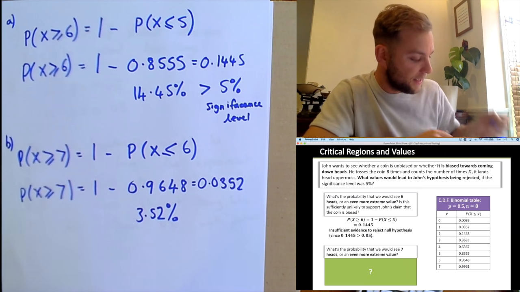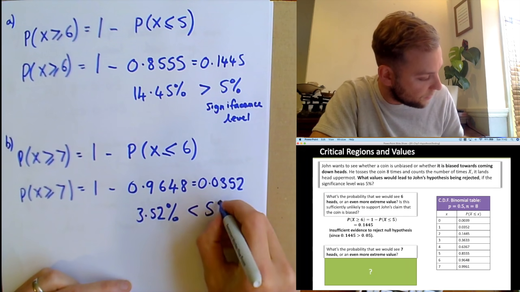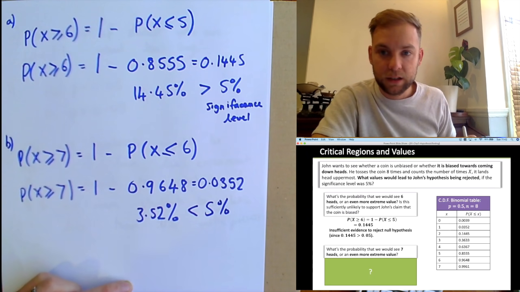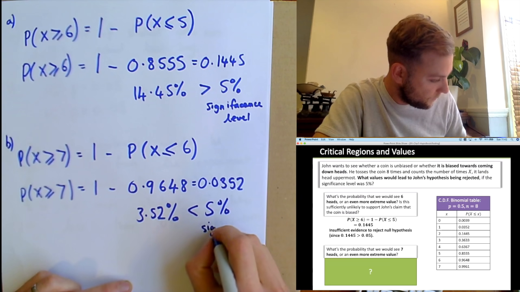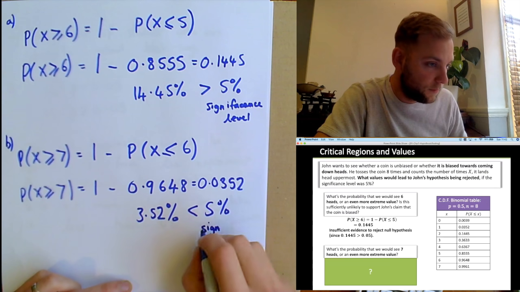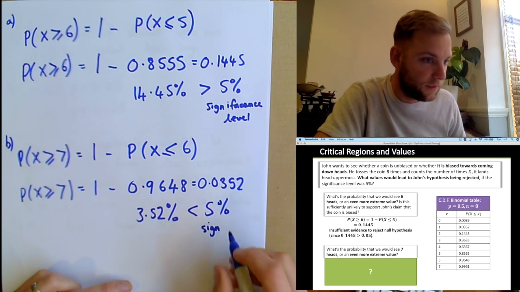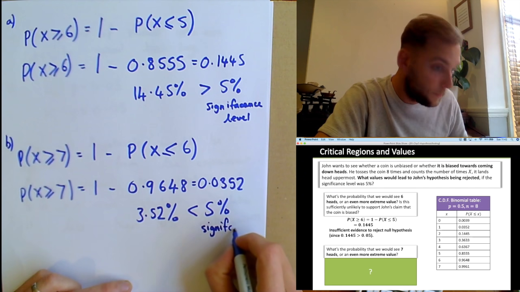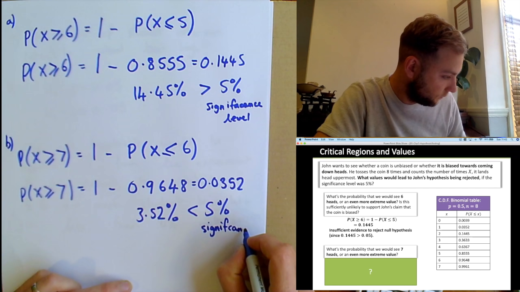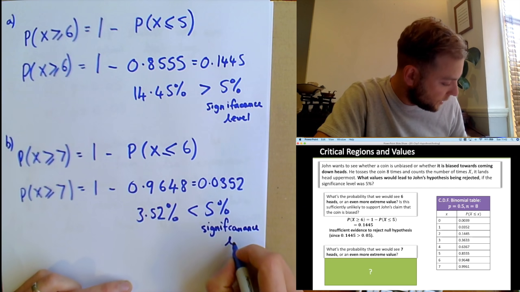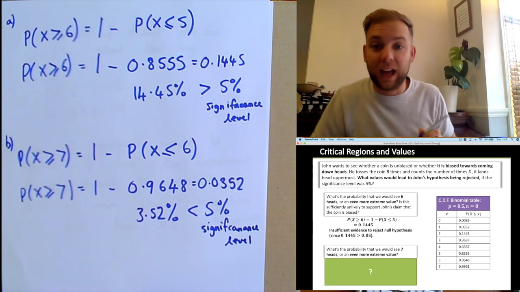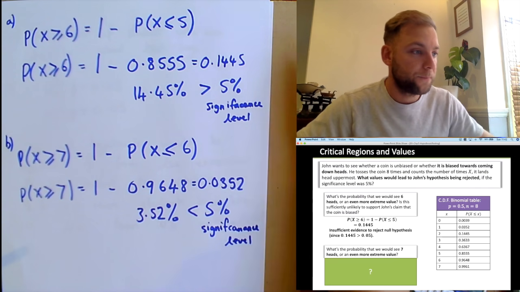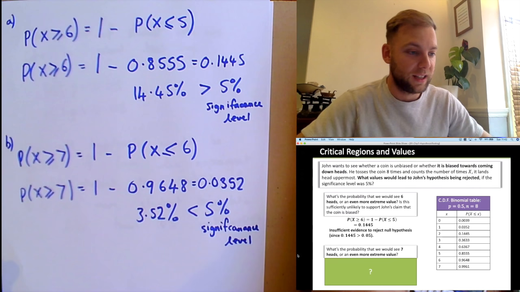However, this is less than 5%, the significance level. In which case, it is very unlikely to happen. So it supports John's claim. Okay.